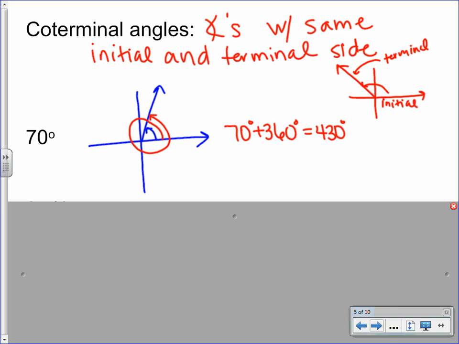Matthew, what did you say? I said take 360 minus 70, which is 290. Which one is it? Matt's trying to figure out, is it 360 minus 70 or 70 minus 360?